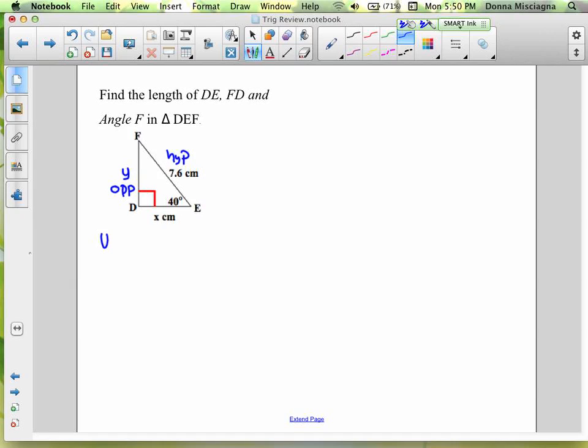So we're going to, first of all, use trig ratios to find the missing sides. Let's solve for y first because I labeled y, so we may as well start with y.